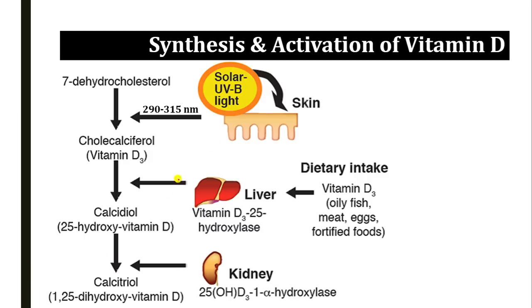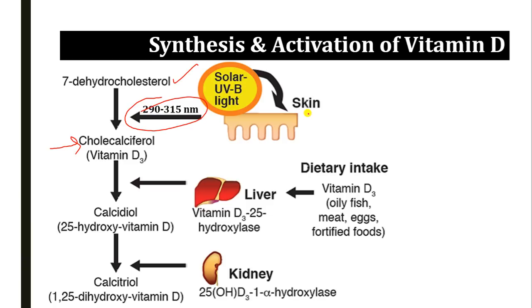When sunlight, particularly the UV light with a wavelength of 290 to 315 nanometers, falls on the Malpighian layer of skin that contains 7-dehydrocholesterol, it gets converted to cholecalciferol. This cholecalciferol is an inactive form of vitamin D, or what we can say a provitamin.